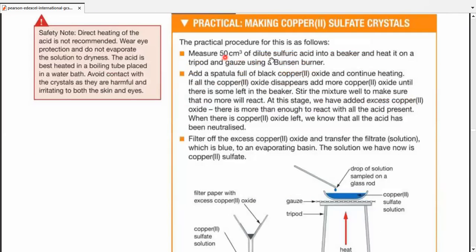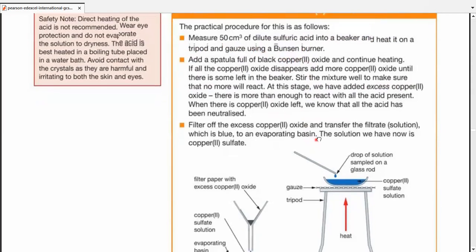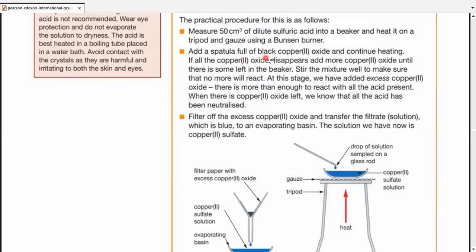Measure 50 cubic centimeters of dilute acid into a beaker and heat it on a tripod and gauze using a Bunsen burner. Now add a spatula full of your oxide. It can be copper oxide, it can be zinc oxide, it can be any other metal oxide, except for sodium, potassium, and ammonium, of course. Continue heating. If all the copper oxide disappears, add more copper oxide.